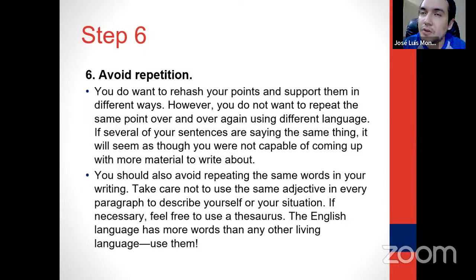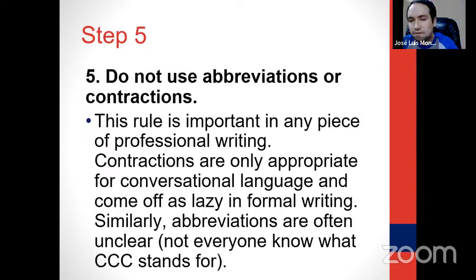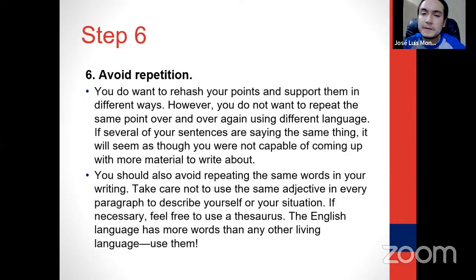And it's not possible to create confusion because you are avoiding all of these elements that can create confusion in English. So again, it's very important. That was step number 5. Abbreviations can create confusion because we don't know the meaning of that abbreviation, perhaps, and contractions because it's not formal.